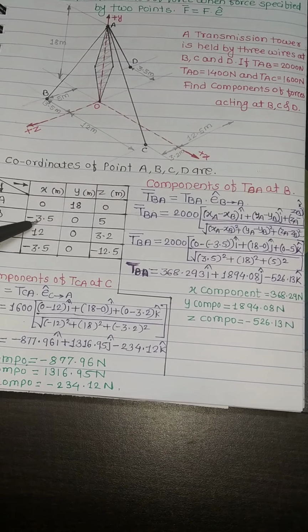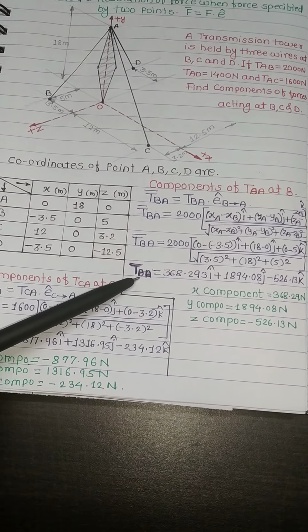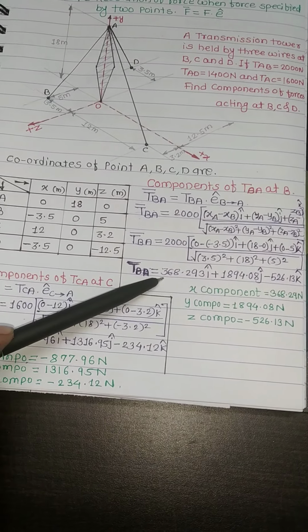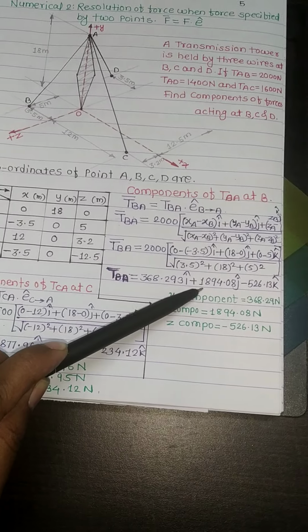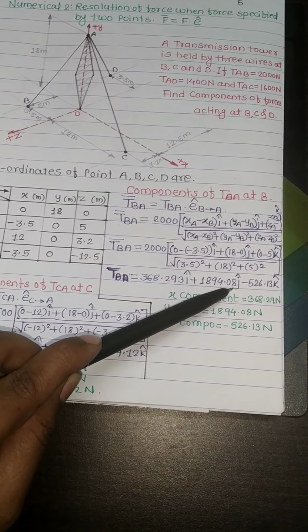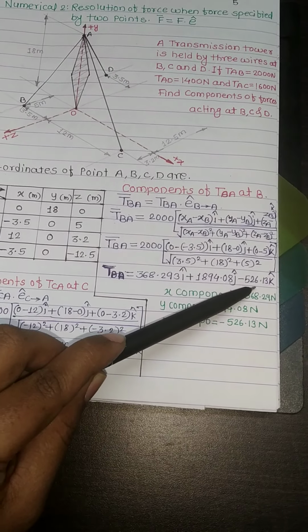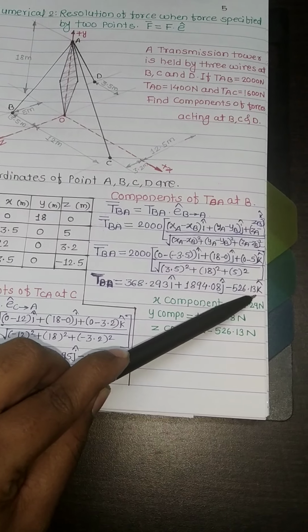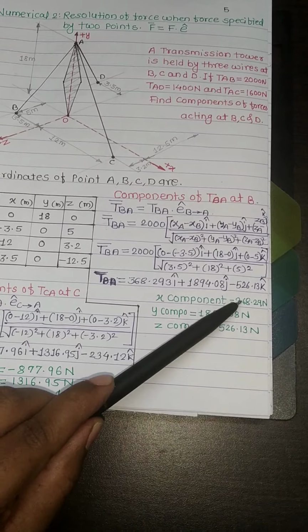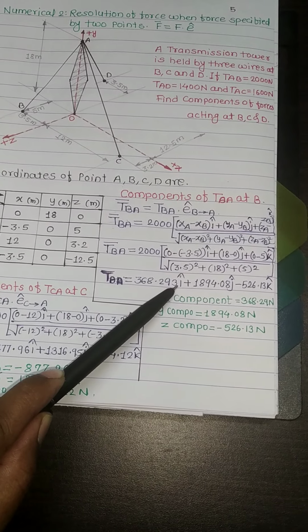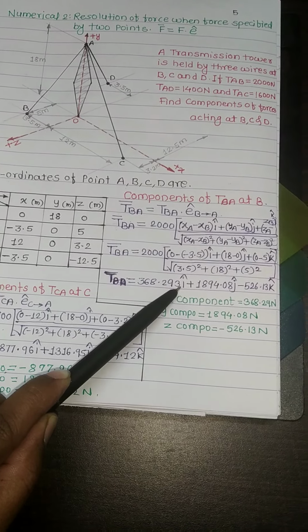While substituting the coordinates, I got the equation of TBA as a vector equal to 368.293 I cap plus 1894.08 J cap minus 526.13 K cap. The x component of TBA is 368 because it is defined with the unit vector I cap.